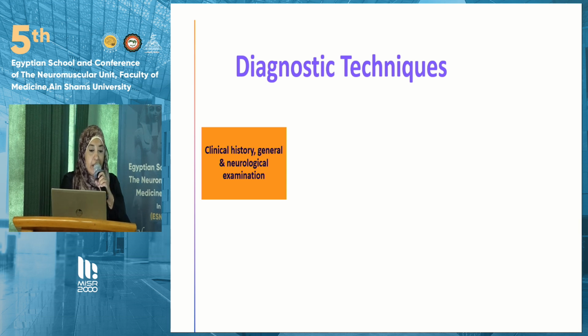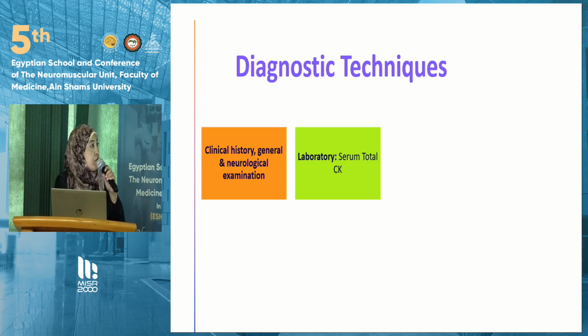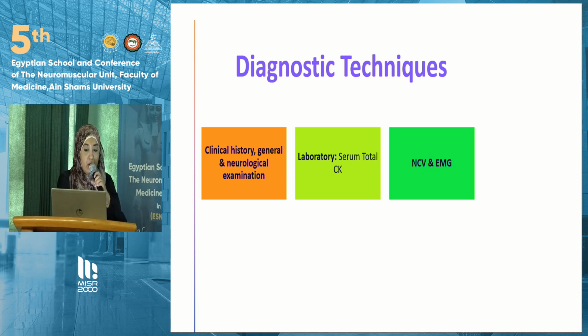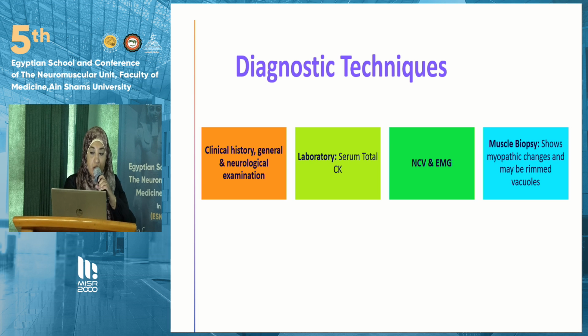We start with clinical history, general and neurological examination, and laboratory tests, especially serum total CK, which might be mildly or markedly elevated. Nerve conduction velocity and EMG show myopathic affection.